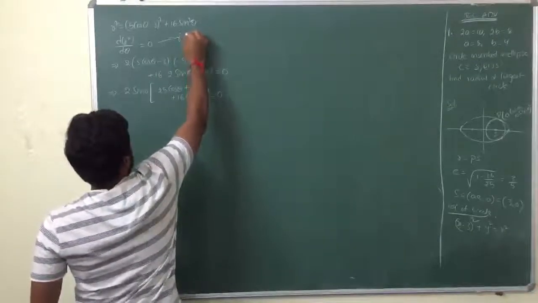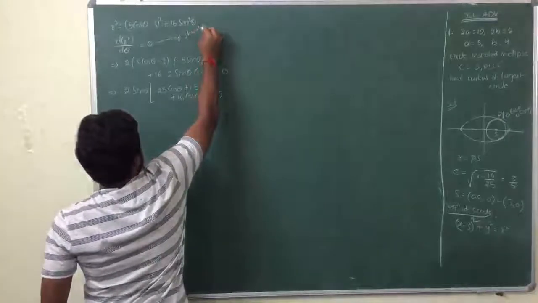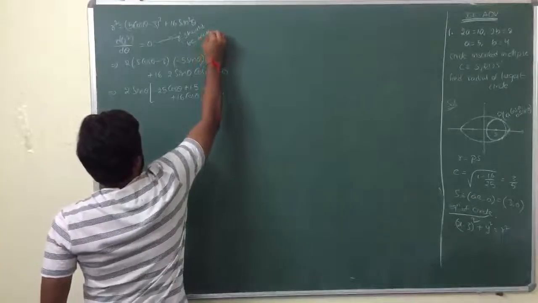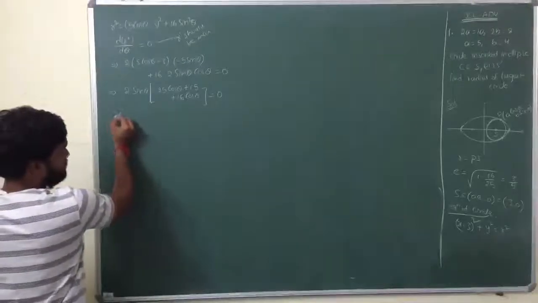See, largest circle means R should be maximum. Okay.